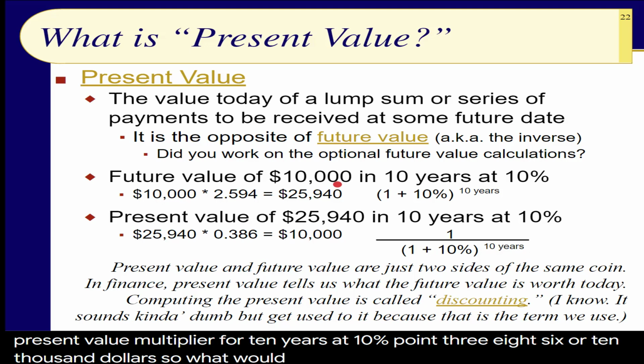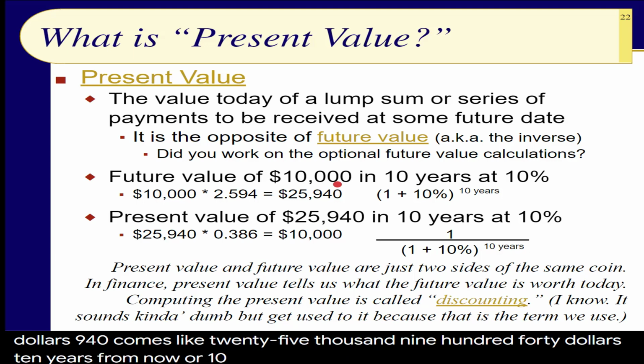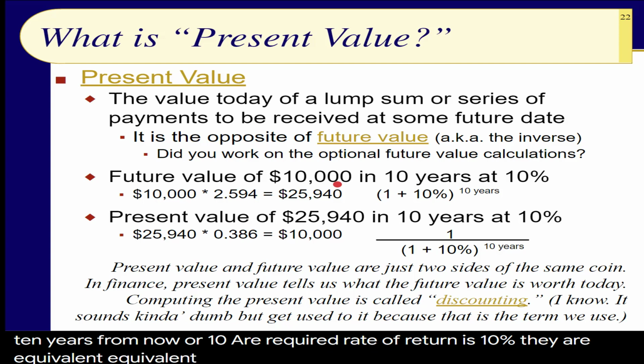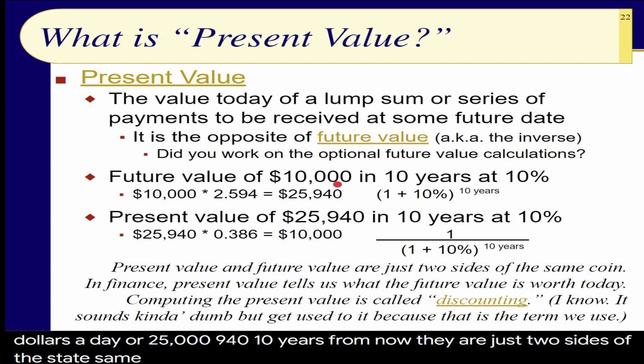So what would you rather have? $25,940 10 years from now, or $10,000 today? If our required rate of return is 10%, they are equivalent. It doesn't matter. They are just two sides of the same coin.